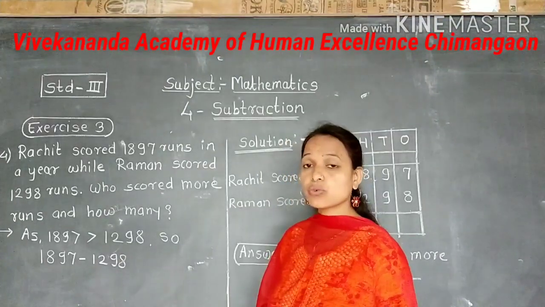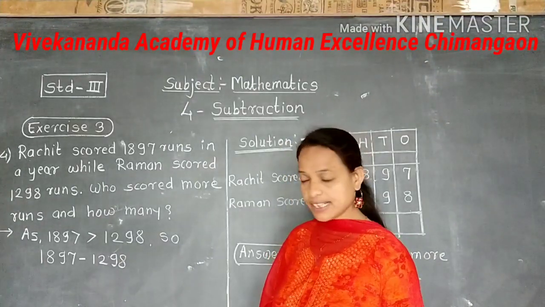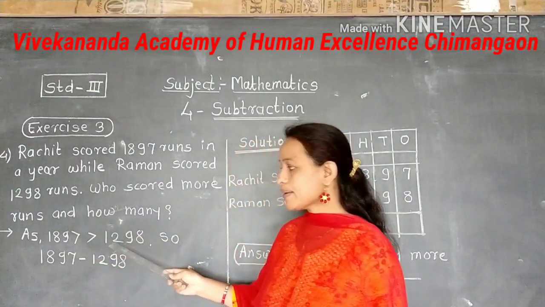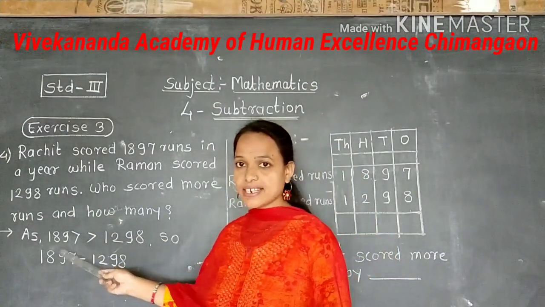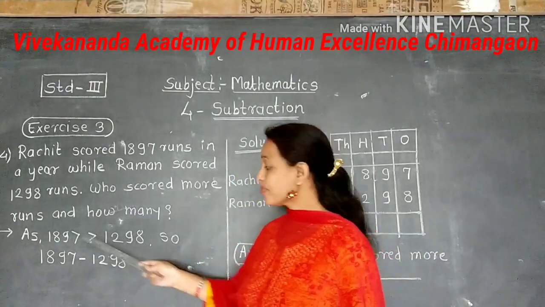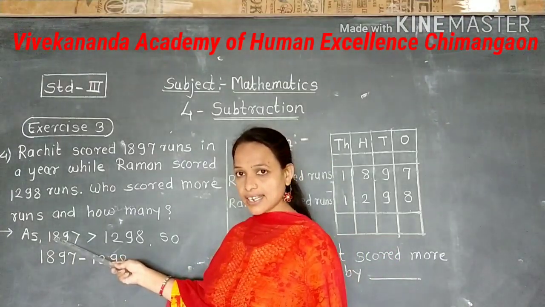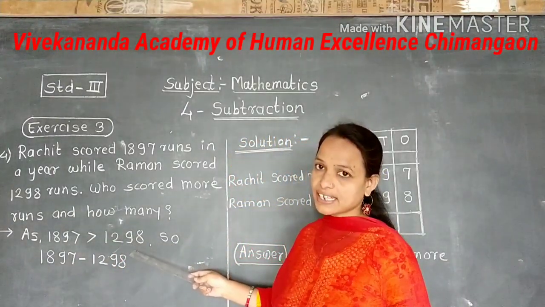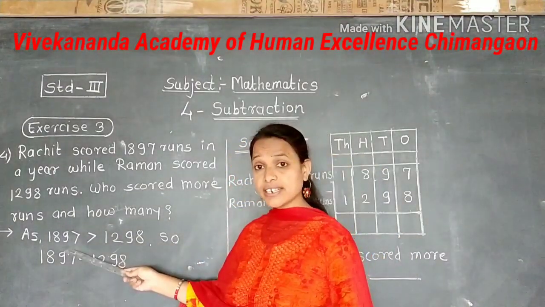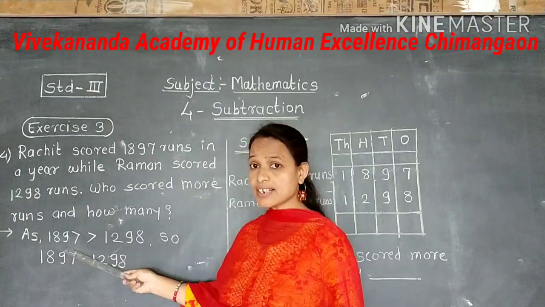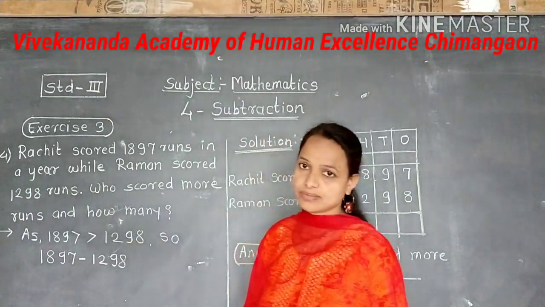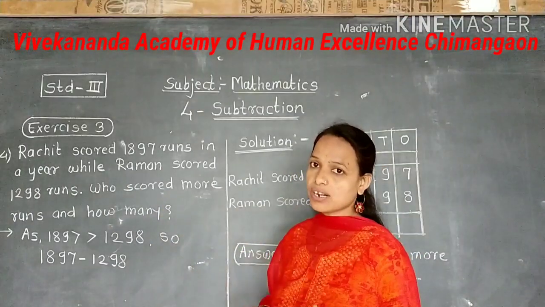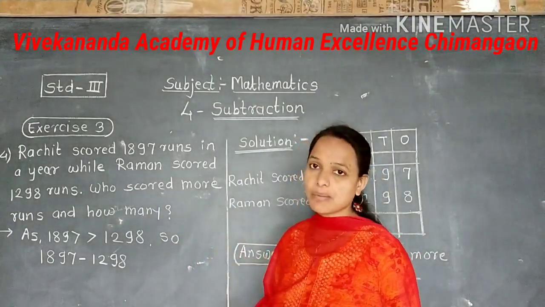So we have to compare the 100 digit. 100 digit of first number is 8 and second number is 2. 8 is greater than 2. So 1897 is greater than 1298. 1897, who scored that runs? Rachit. Means Rachit scored more runs than Raman.